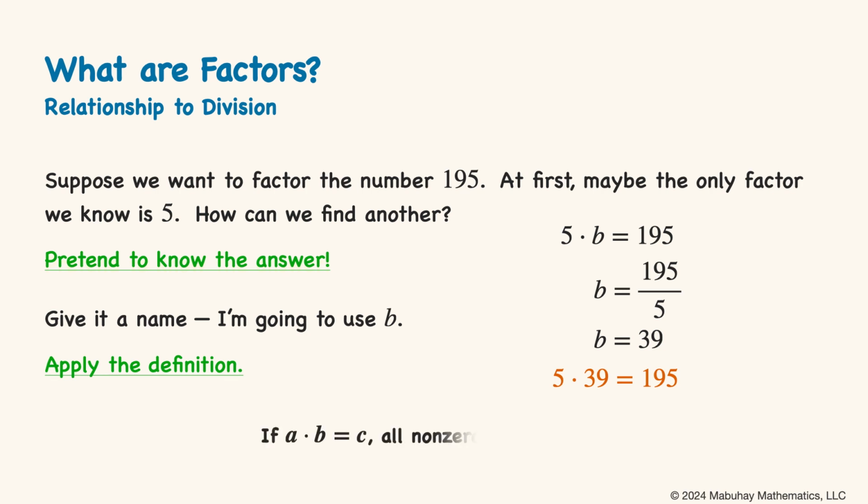More generally, if you have a trio of numbers a, b, and c, none of which are 0, and you know that a times b equals c, then we can always write b is equal to c over a. Like I said, as long as none of these things are 0, then we can always write b equals c divided by a. And this is just an extension of that same technique.